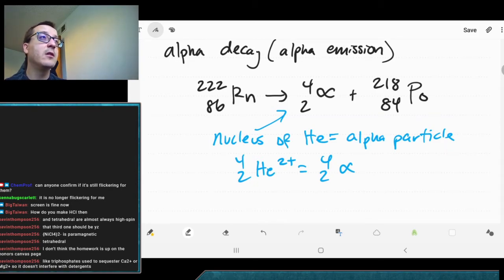And so this is how an alpha decay process can happen, where the nucleus of this particular radon isotope will spit out an alpha particle, and it will, as a result, have made its nucleus a little bit smaller. It will have gotten rid of 2 protons and 2 neutrons.